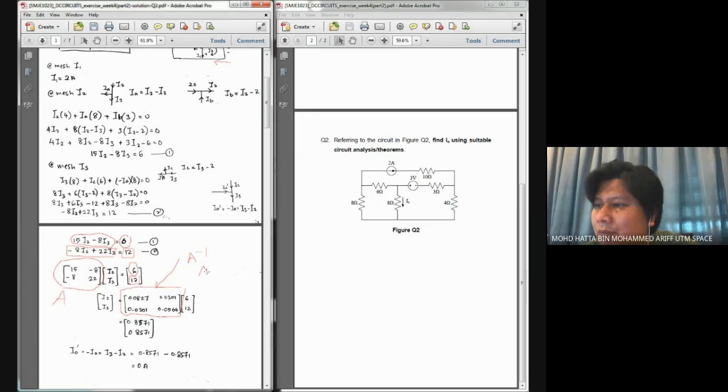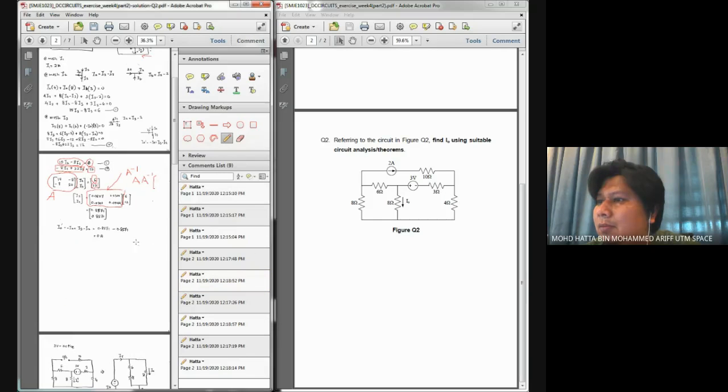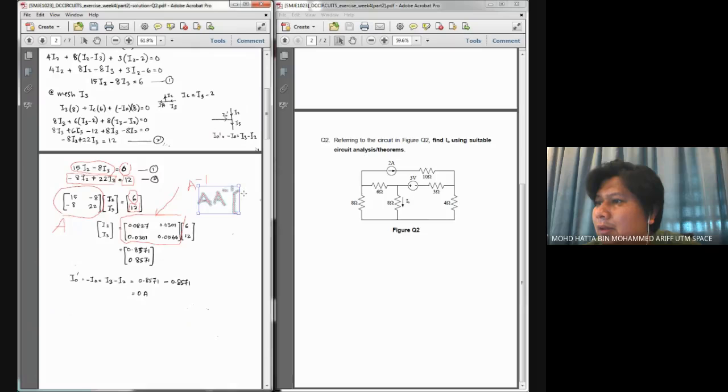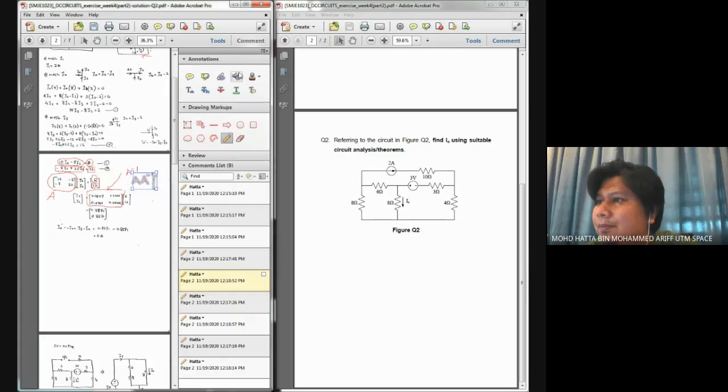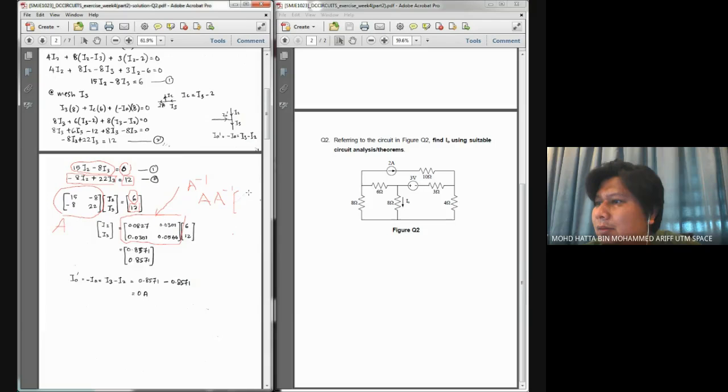If you multiply both sides with the inverse matrix, A inverse, for example, here I have the left hand side as I, this is I2, I3.